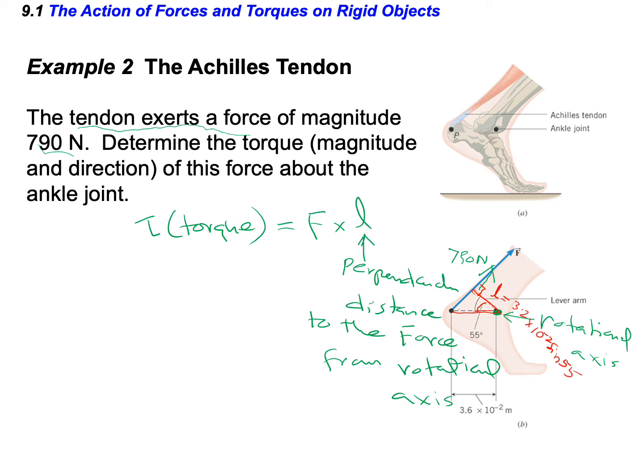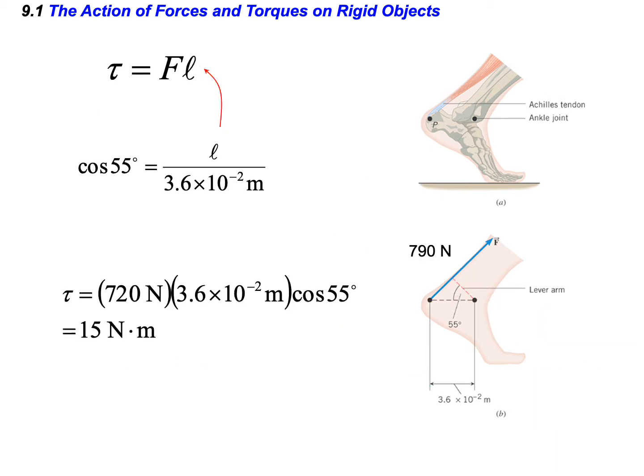So torque is, force is 790, L is this, and you can calculate torque. Force is in Newton, distance in meter, so the unit is Newton meters.